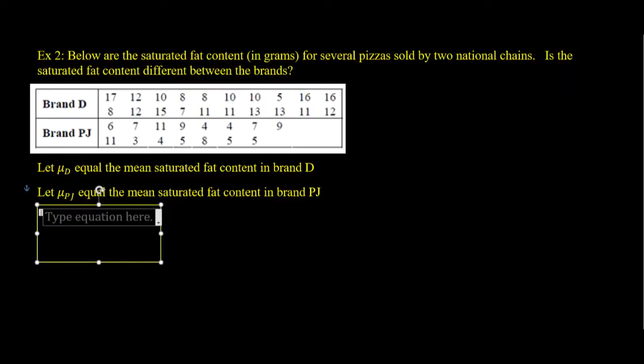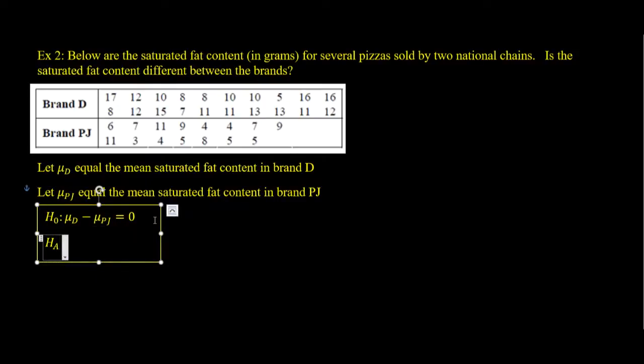H naught: mu D minus mu Pj equals 0. So in context, we're saying the mean between the two is 0.